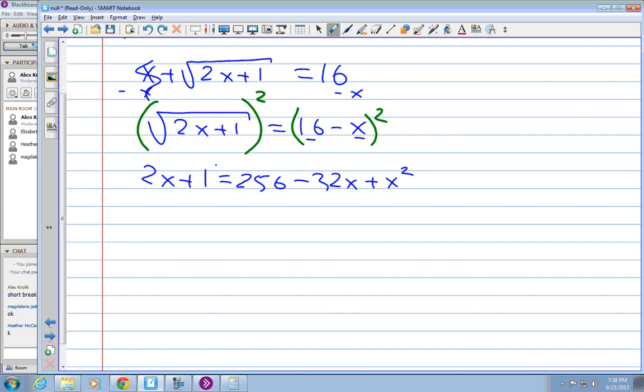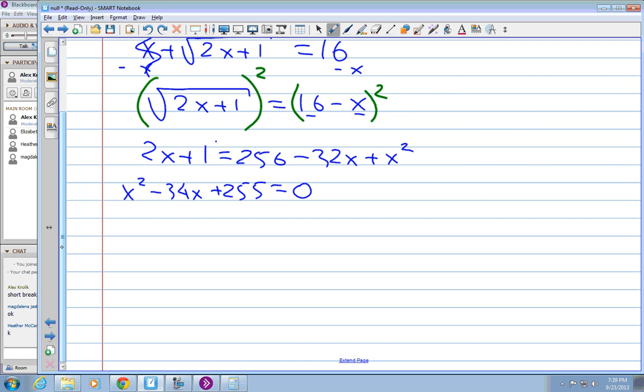When in doubt, FOIL, right? 16 minus x, 16 minus x. At some point, you're going to have negative 16x and negative 16x. So if I move everything to one side, I'll get x squared minus 34x plus 255 equals 0. Subtract 2x from both sides.